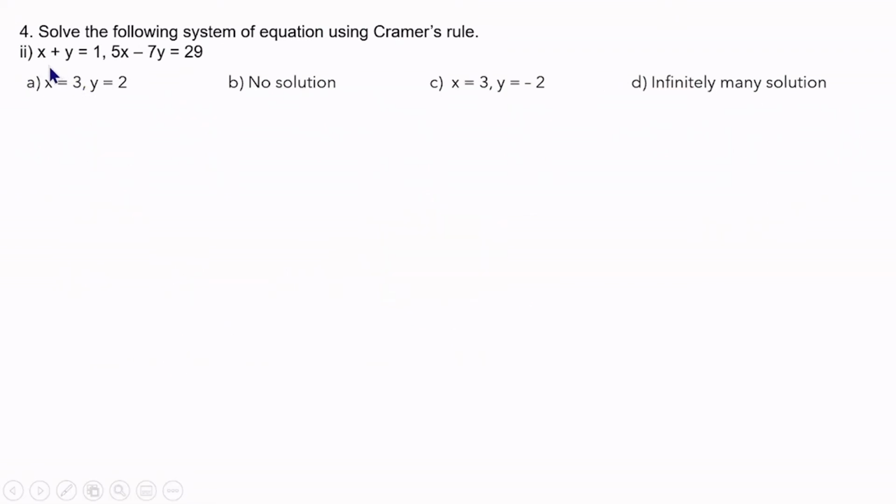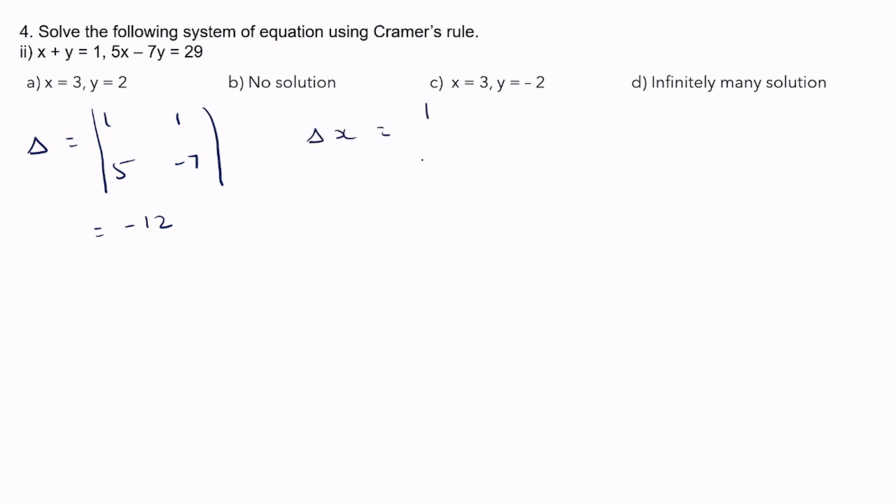Next question, x plus y is equal to 1, 5x minus 7y equal to 29. So first, the determinant of the coefficient matrix: 1, 1, 5, minus 7. So this is minus 7 minus 5, so minus 12. Then we have delta x.